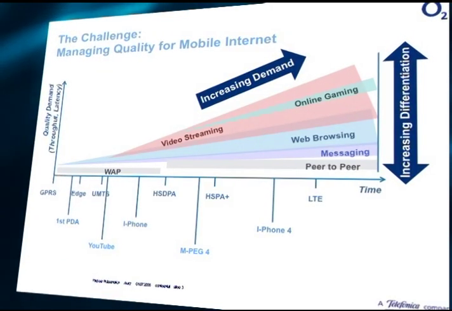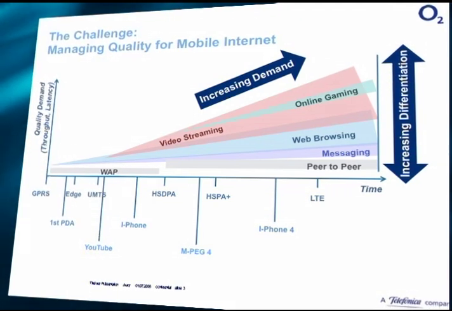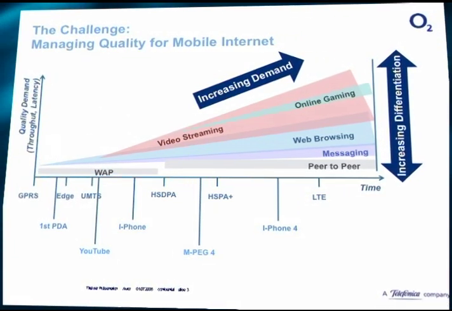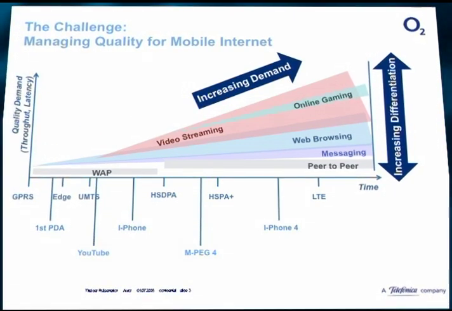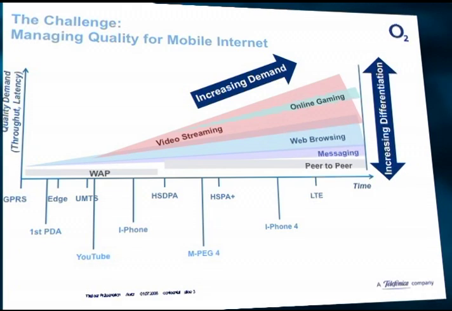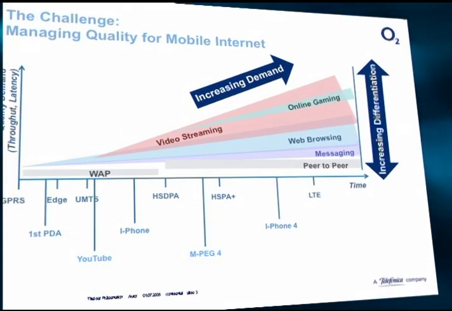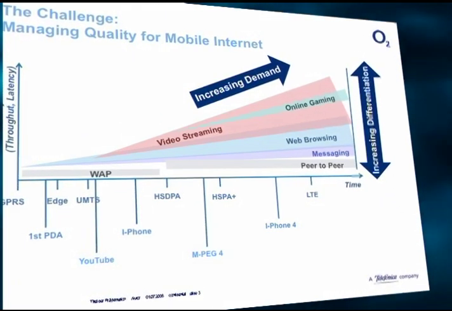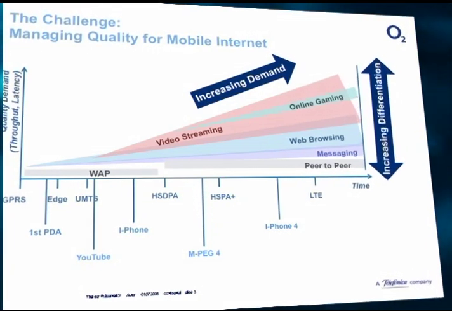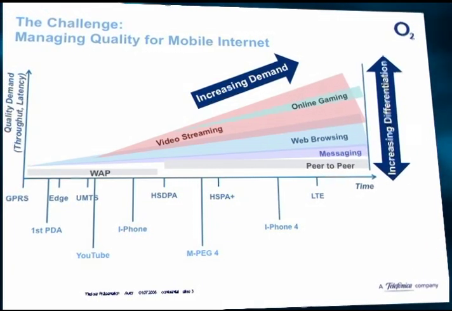So the first slide is one of these paintings on traffic evolution. To be precise, it's more on evolution of quality demand, and it should mainly show 2 things. The first one is we see an increasing demand of quality. There are a lot of applications around waiting to be invoked as bandwidth is available for our customers.